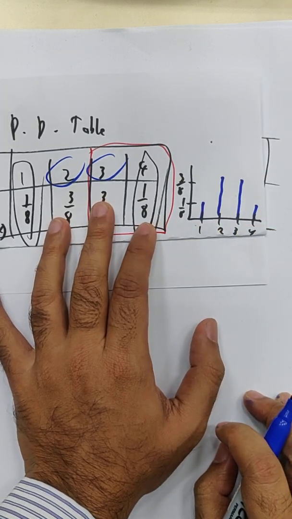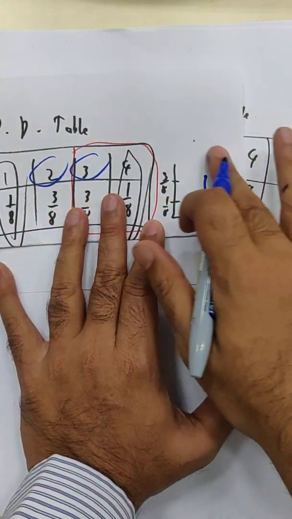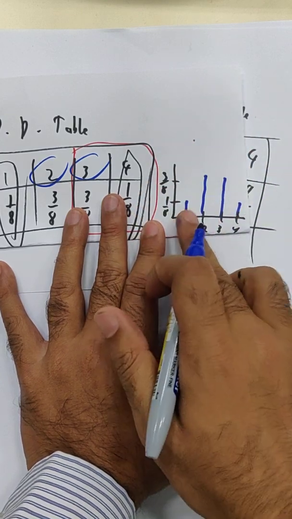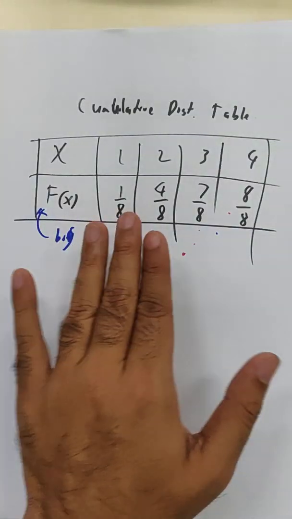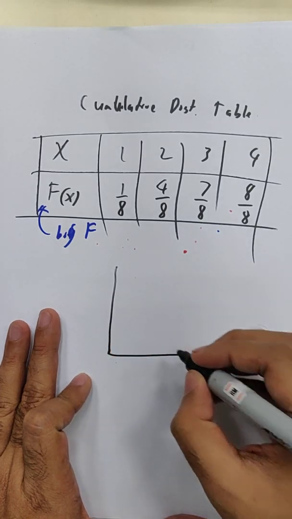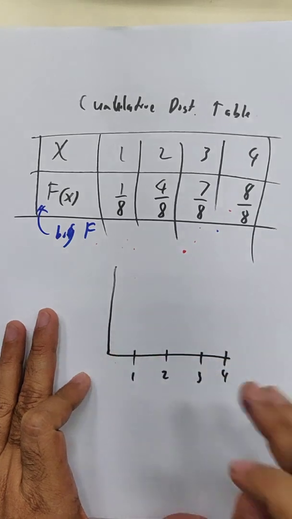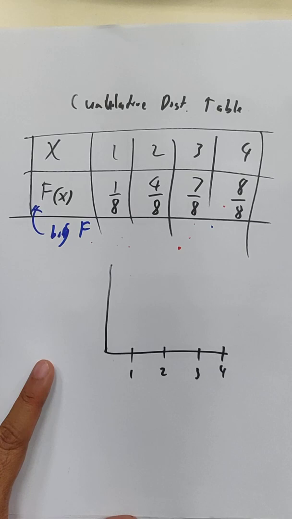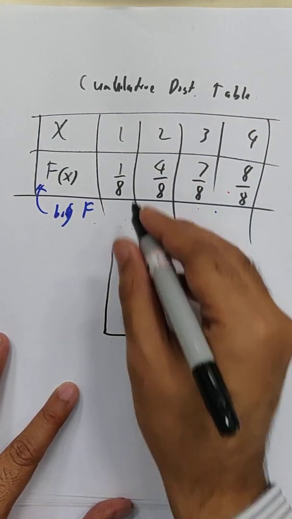Are you okay? Let me ask you one question. Where is 1 in here? When you add all of them, you got 1. Now let's try and draw this graph. Let me ask you one more time, what does cumulative mean? You add things up. Alright? So, for you to get 1 is 1 over 8.